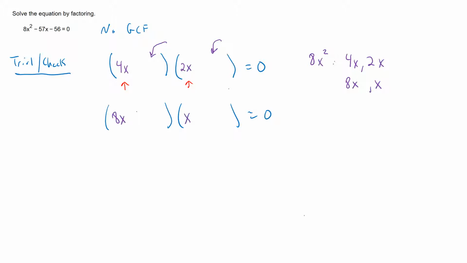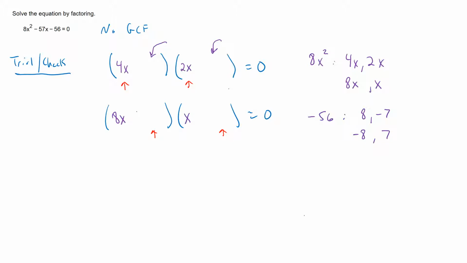Now the numbers in the back have to multiply to negative 56. The first numbers that come to mind would be like 8 and negative 7, or maybe the negative goes with the 8. Of course, it could be other numbers. What else multiplies to 56?